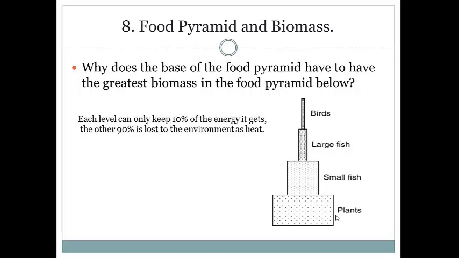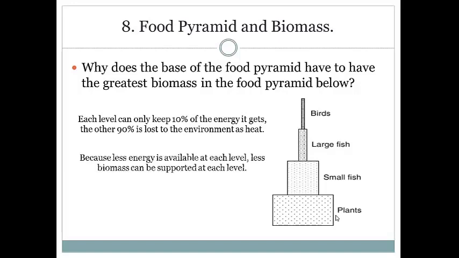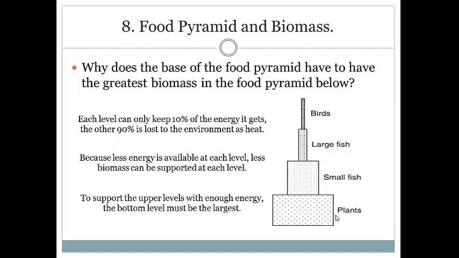Each level can only keep 10% of the energy that it gets. The other 90% is lost as heat to the environment. Because less energy is available at each level, less biomass can be supported at each level. So to support the upper levels with enough energy, we must have the bottom of the pyramid as the largest.